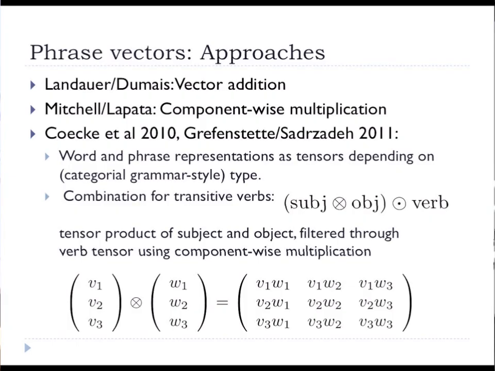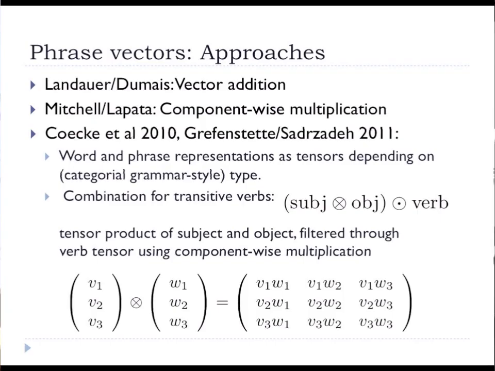Then there's this sequence of papers by Clark and Grefenstette and Sadrzadeh and colleagues. What they've done is to give words representations that are tensors, where the type of tensor depends on the categorial grammar style type for a word, and then you compose the tensors for the words according to their type.